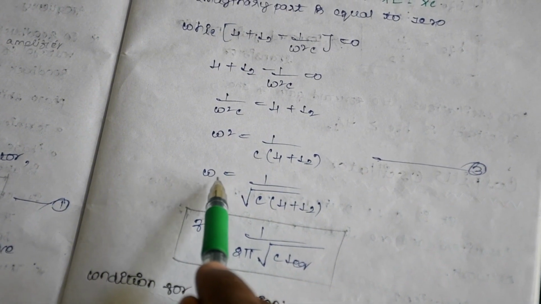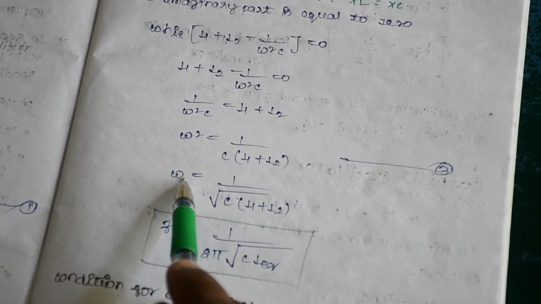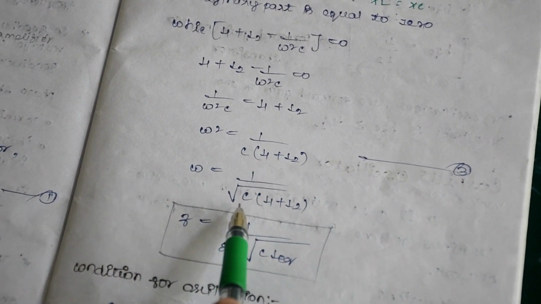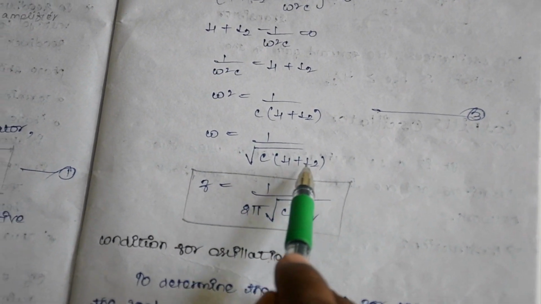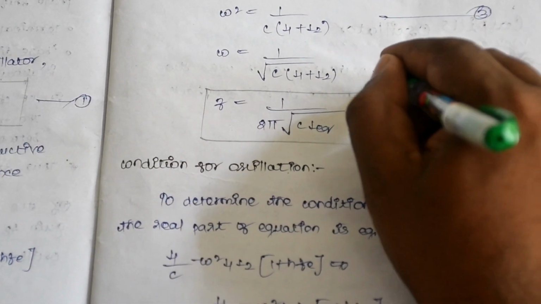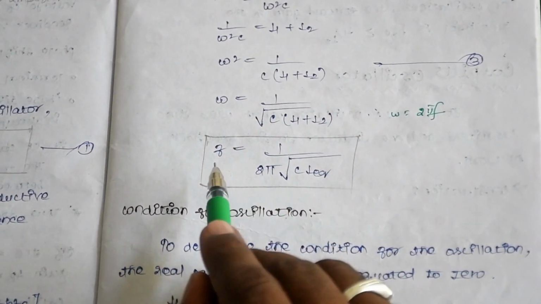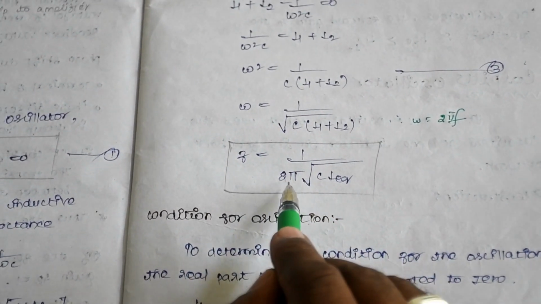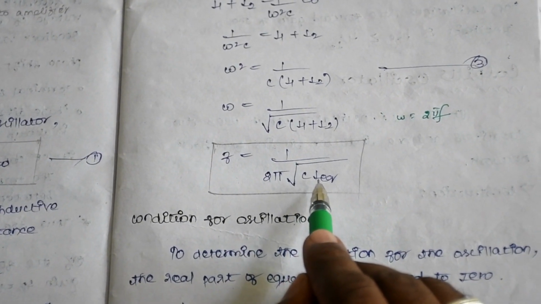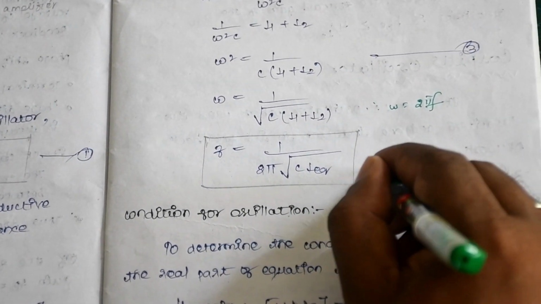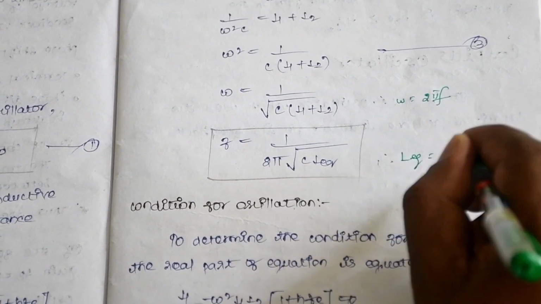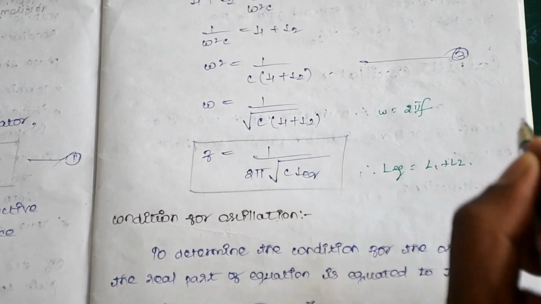So from this we can calculate omega, which is equal to 1 divided by the square root of C into (L1 + L2). We know omega is equal to 2 pi f. So f is equal to 1 divided by 2 pi square root of C into L equivalent, where L equivalent is equal to L1 plus L2.